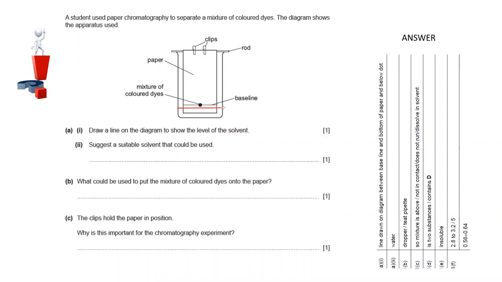This should be the original position of the solvent, but when the chromatogram soaks up the solvent, it will rise. So we have to show the initial position of the solvent, and it should always be below the origin. Is it clear? That was the first part, A1.